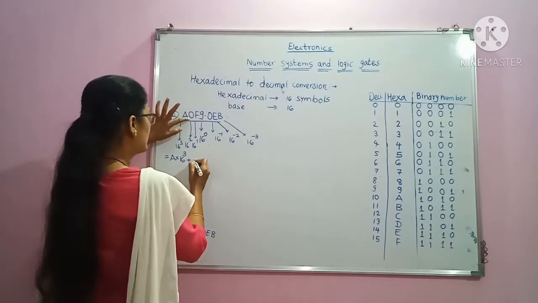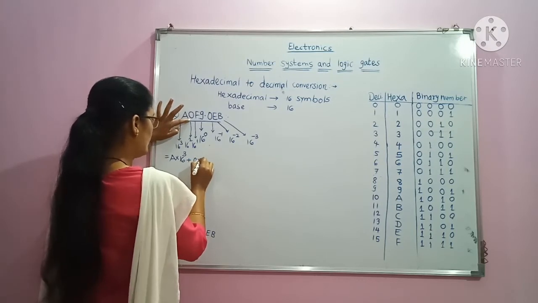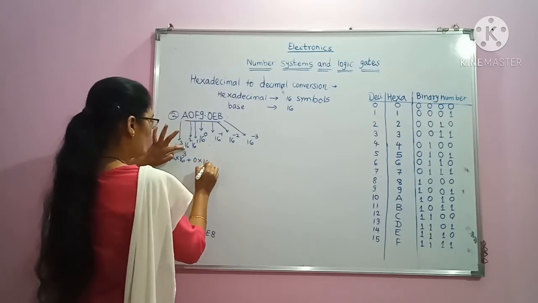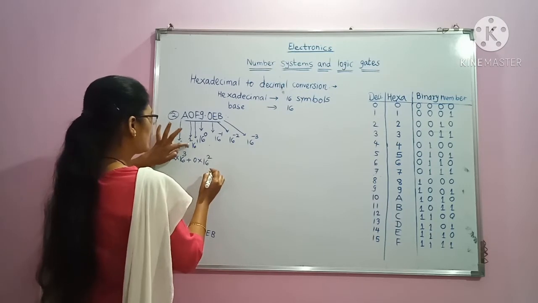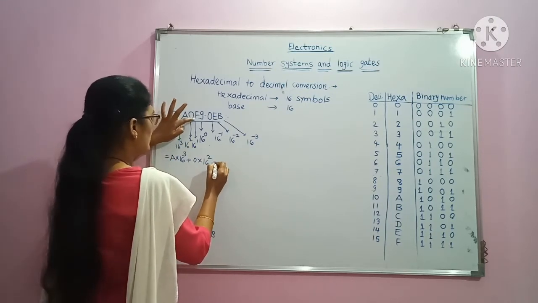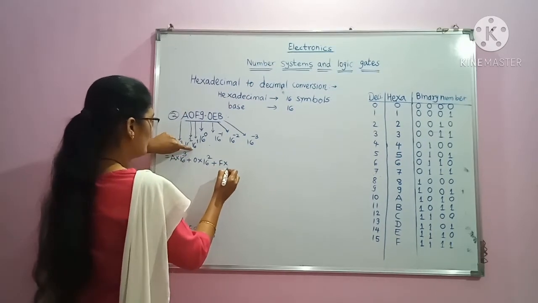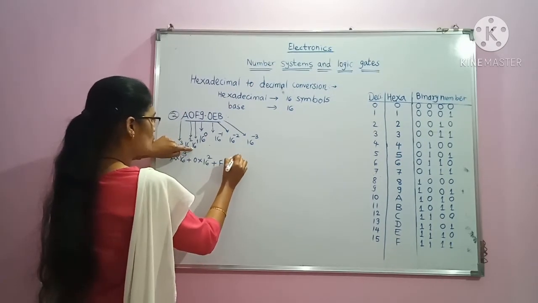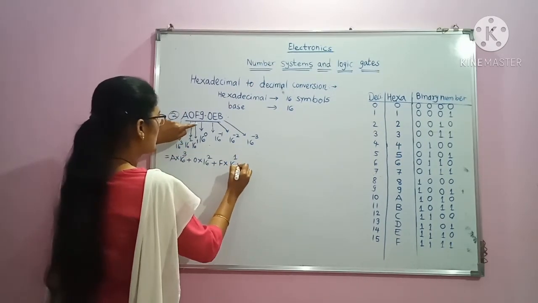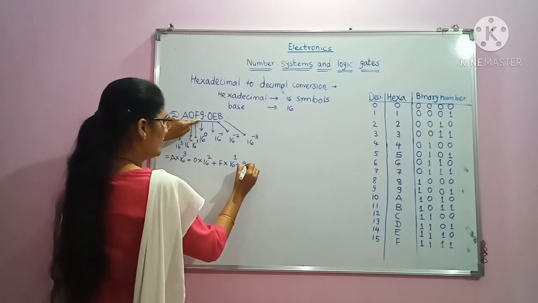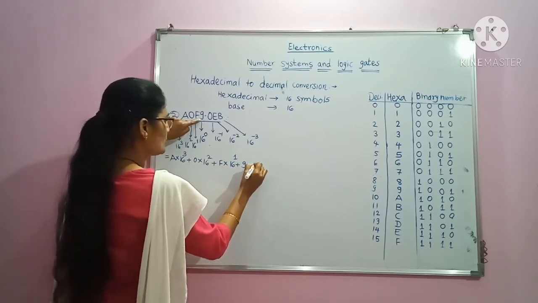So the next digit is 0, 0 into its weight value 16 raised to 2 plus the next digit is F into its weight value 16 raised to 1 plus the next digit is 9 into 16 raised to 0.